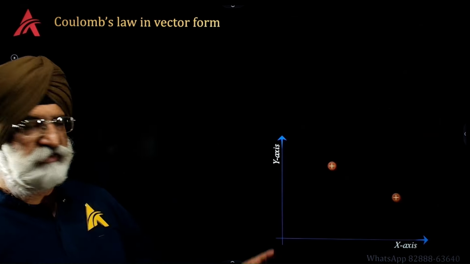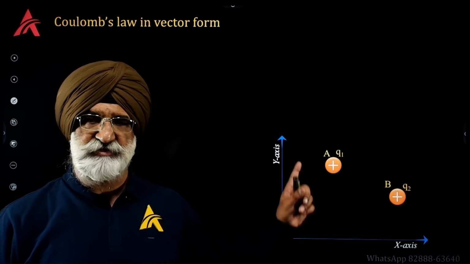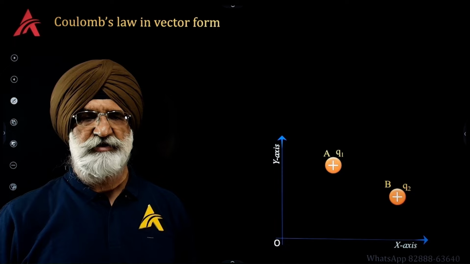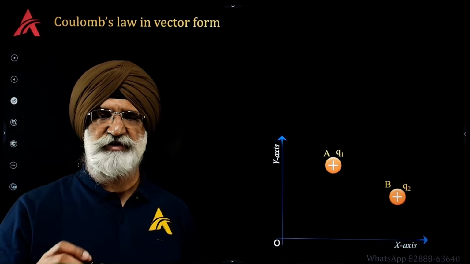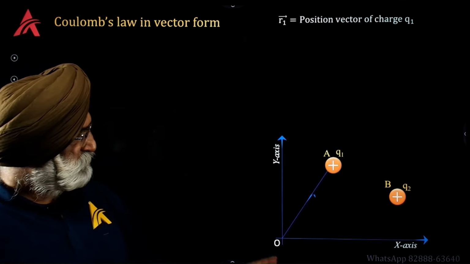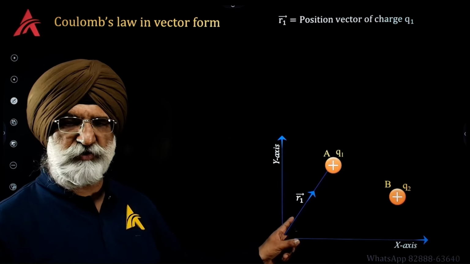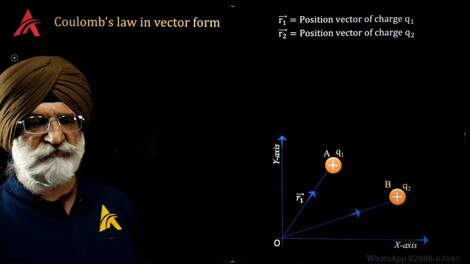In this figure, let Q1 and Q2 be the two charges placed at points A and B respectively in a plane, where O is the origin, taken as a point of reference. r1 is the position vector of charge Q1 and r2 is the position vector of charge Q2.